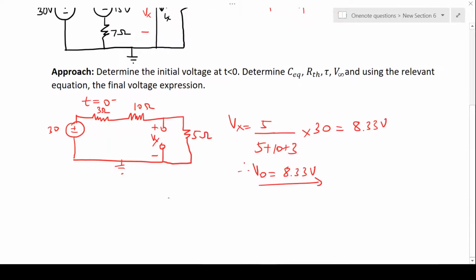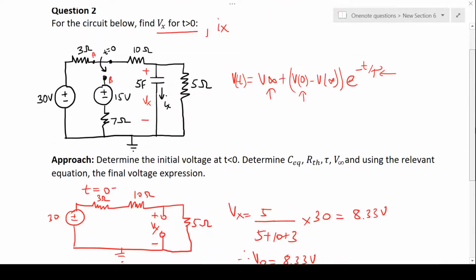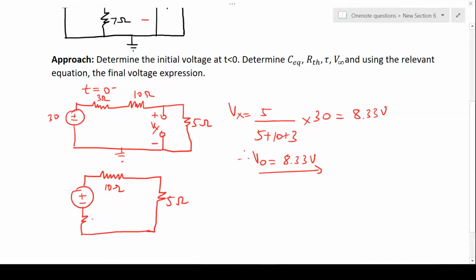What about the final voltage? The final voltage we know will consist of the following. So we will still have the 5 ohm resistor, we're going to have the 10 ohm resistor, the 3 ohm will fall away, and we're going to have the 7 ohm resistor, and now a 15 volt source, and we're still going to have plus minus Vx that sits at that point.